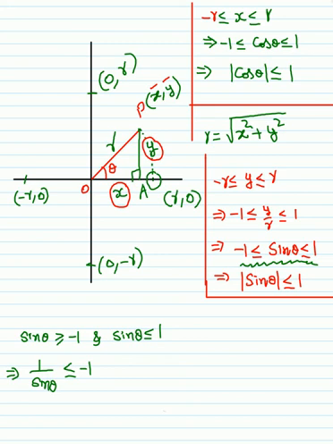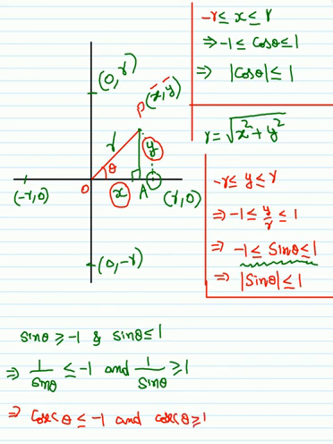If you take the reciprocal, the inequality direction changes. And here 1 by sin theta is greater than or equal to 1. Here 1 by sin theta is nothing but cosecant theta. That means the cosecant theta value is always less than or equal to -1, and it is also always greater than or equal to 1.